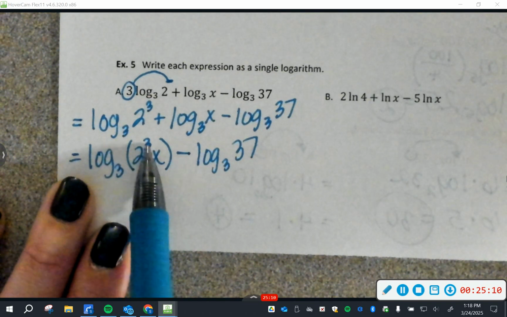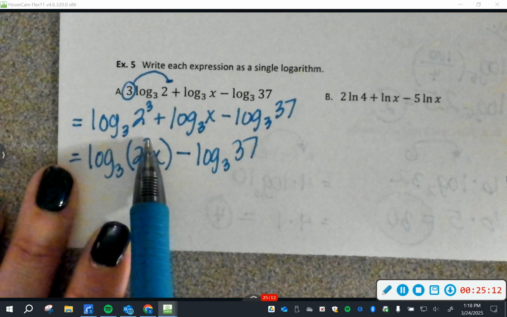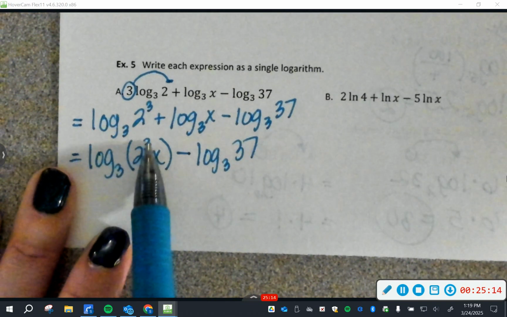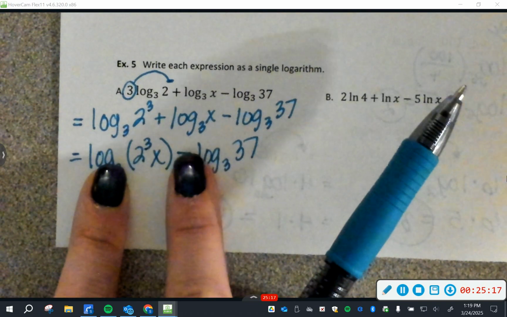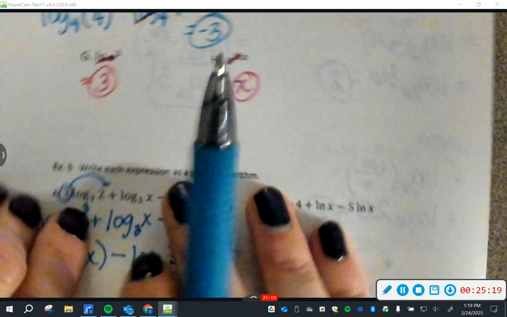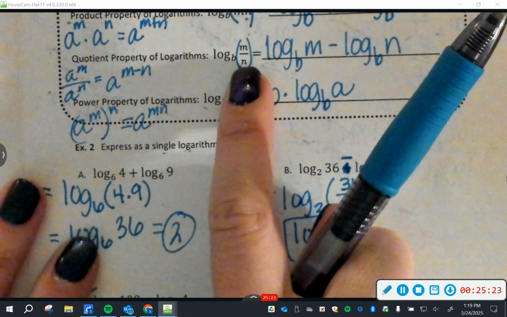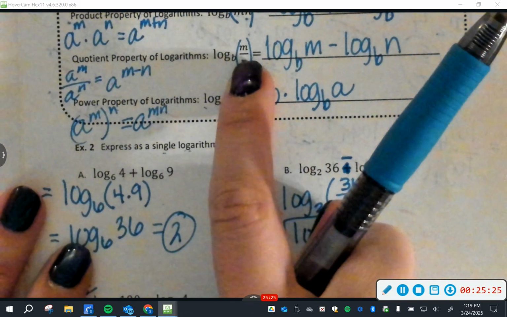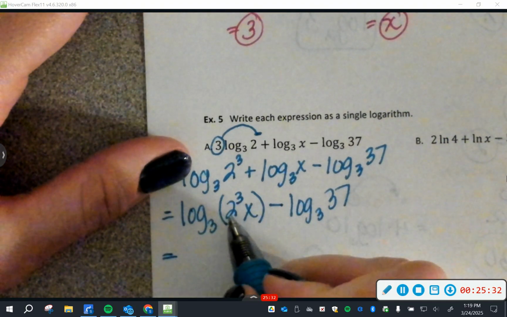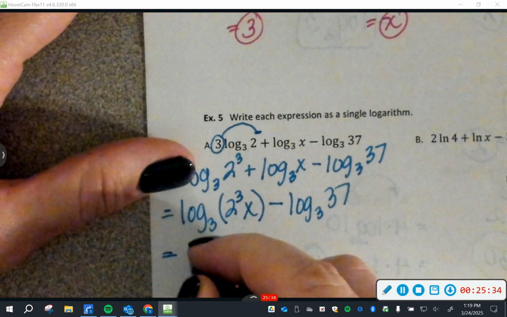Okay, now 2 to the third, can we all understand that that's 8? Because in my next step, I'm just going to convert that to 8. All right, now I'm down to 2 logs, and they're being subtracted. So when I put them together, we're going to take the arguments and divide. Okay? So what am I going to divide? 2 cubed x over 37.